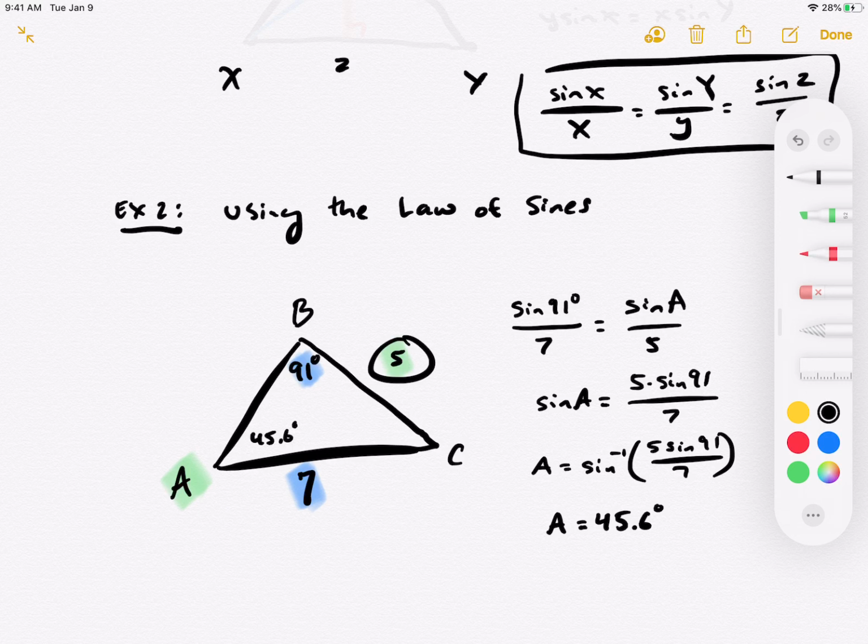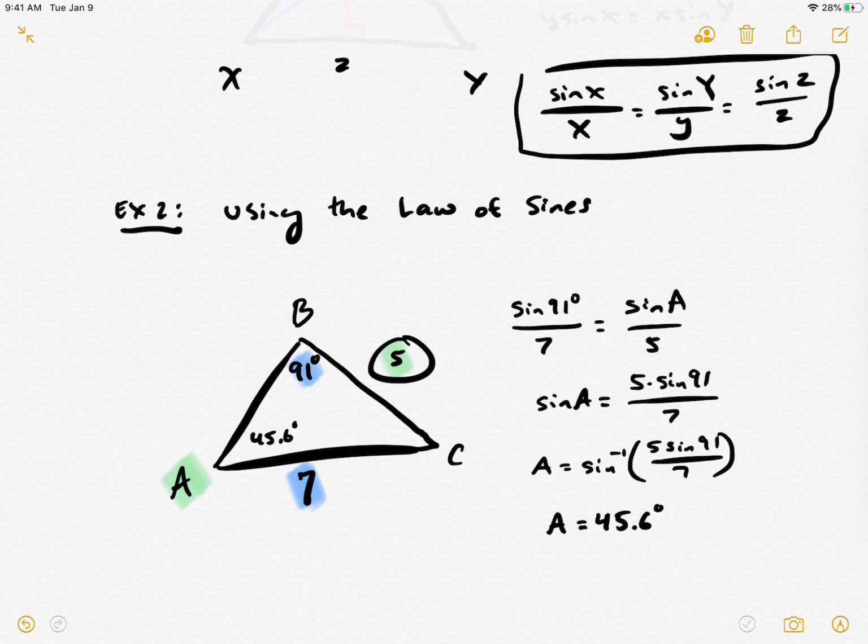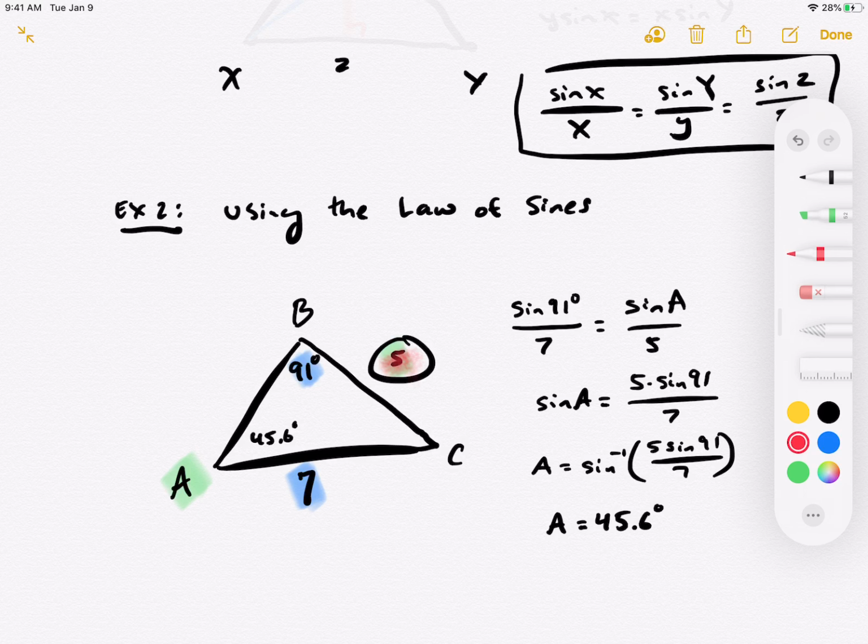Now, one thing that I wanted to point out, if I had made a bad choice here for the missing side, if I didn't choose wisely, if I say I made that an 8 instead of a 5, an 8 would be a bad choice. What would have happened down here, I would have gotten not 5 times sine of 91, but 8 times sine of 91 over 7.